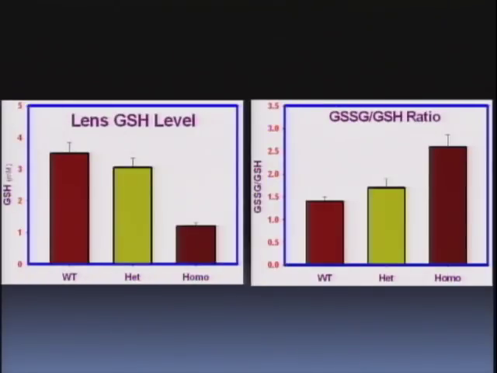These knockout mice have a reduced glutathione level, from 50 to 70%, which is similar to the aged human lens. And the GSSG to GSH ratio, which is the oxidant stress index, was almost double in the homozygous mice.